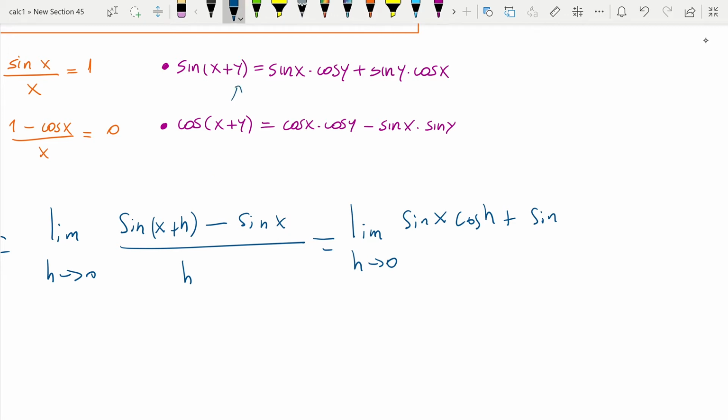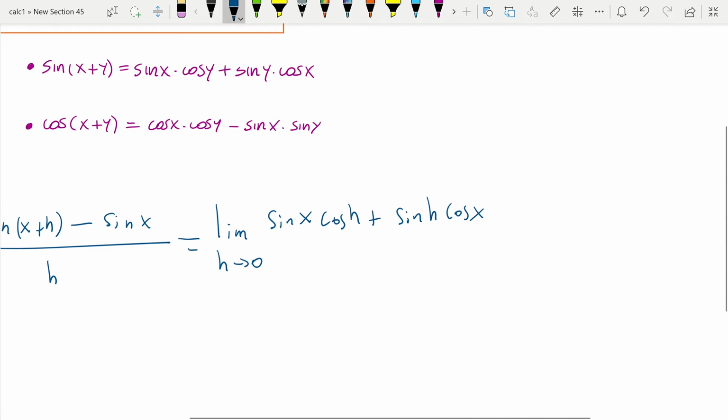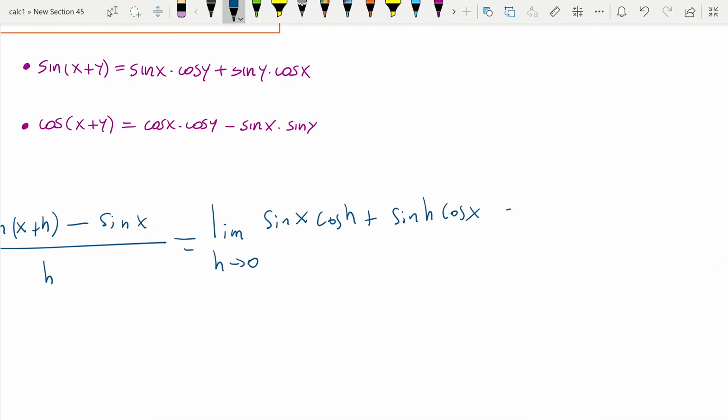This is y here, so that's why we're adding y to x, and here we're adding h to x. This minus the sine of x, all that divided by h.